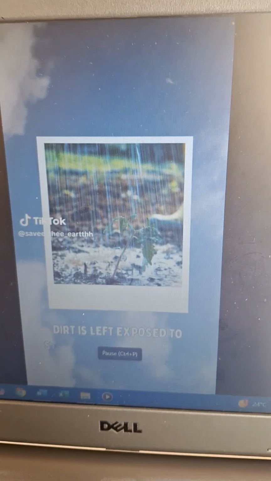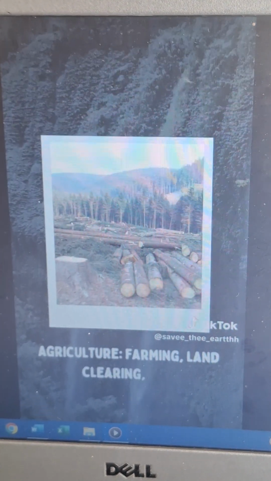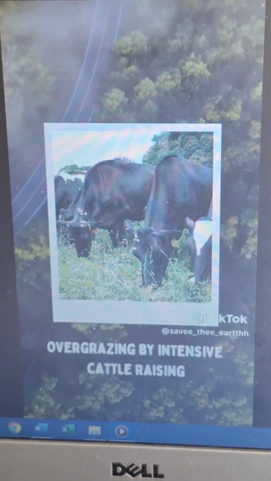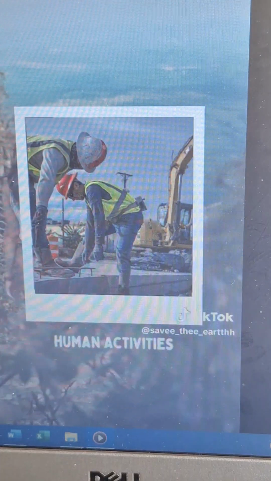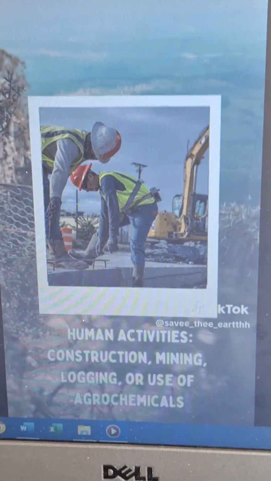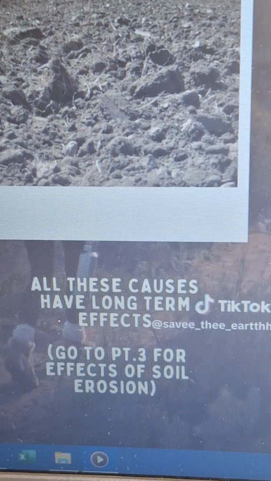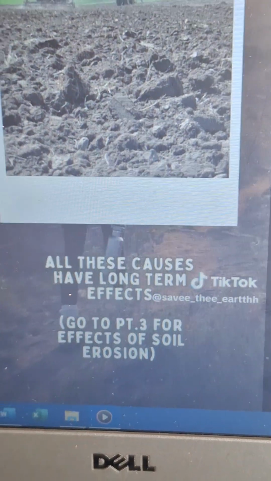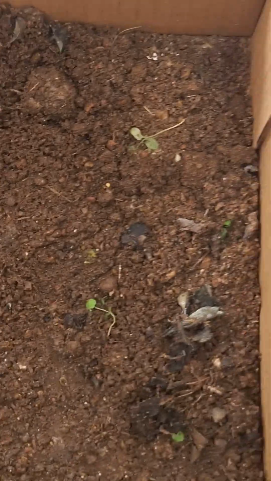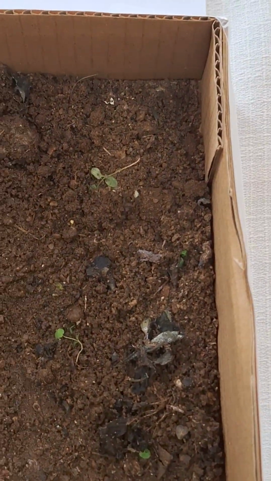These would be applied at the introductory part of my lesson about the causes of soil erosion. Visual aid number 4 about the causes of soil erosion.